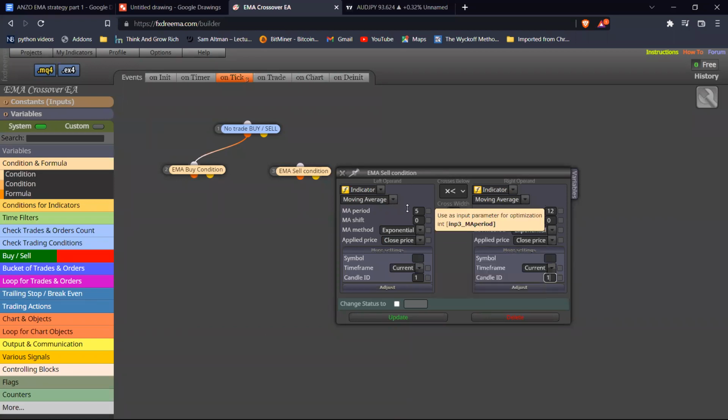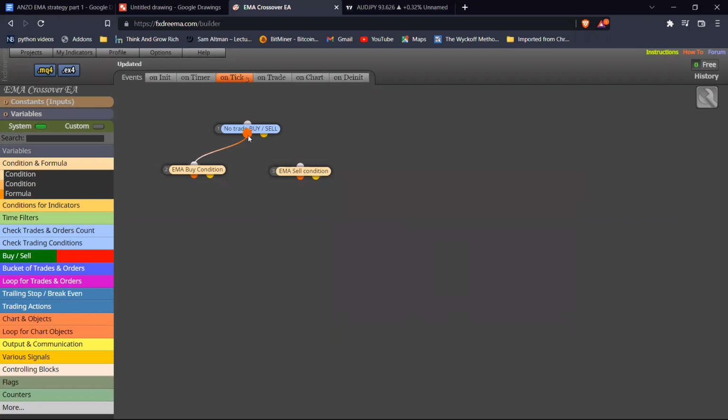Now, this is very simple, very straightforward. We're checking the 5-period moving average, and we're also checking if it's crossing below the 12-period moving average. And if this condition is true, then what are we looking to do? Well, I'm going to click updates and drag and drop this here.